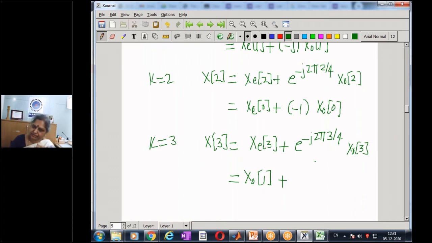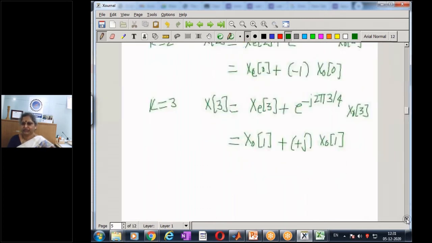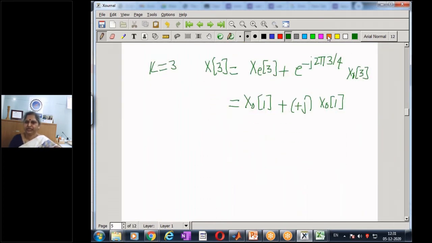E power j 6 pi by 4, which is same as e power plus j pi by 2. So this is going to be a plus j and x0 of 1. So now finally we are having 4 results. If I try to write my results, I am having x0 equal to xe of 0, I mean x0 plus x odd of 0 as one equation.